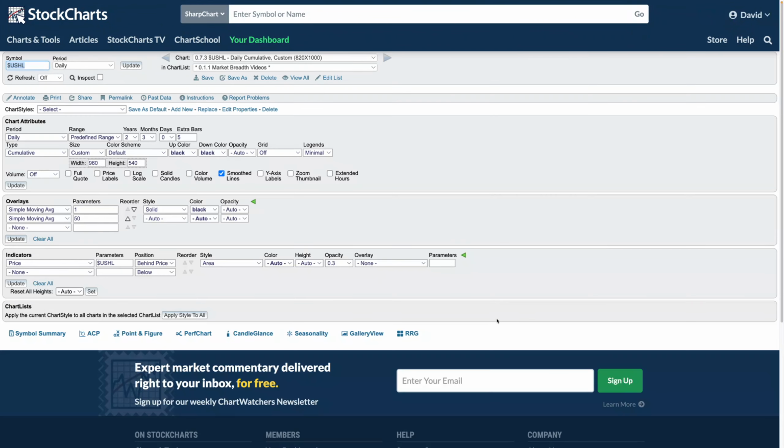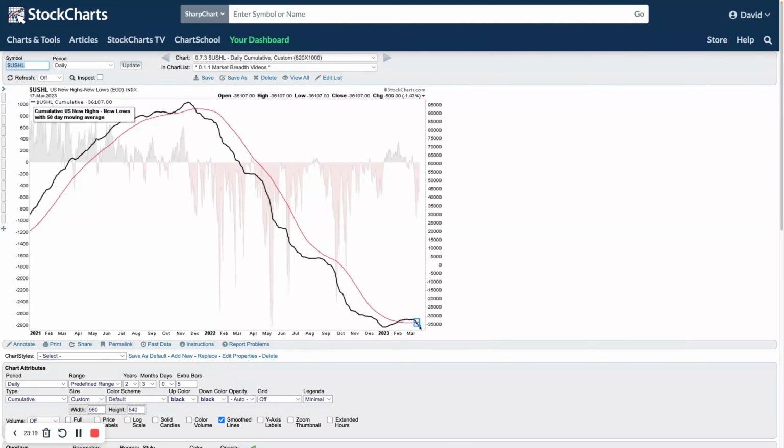If we look at the cumulative line, it's crossed back below its 50-day moving average, which has been a useful long-term signal over the years. There aren't many times where it crosses above and below. So at the moment it's in a fairly neutral position, but below is more negative and above is more positive. But this is a long-term signal. So at the moment, until it makes a lower low here, we give it the benefit of the doubt that it's in a more neutral position.